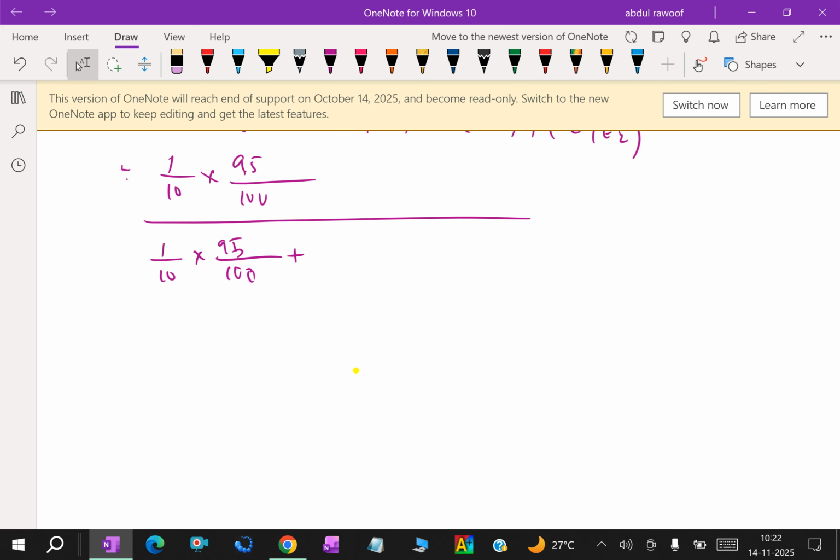Then the second one is 9 over 10 into 45 by 100, which is equal, by simplifying, to 95 by 500.